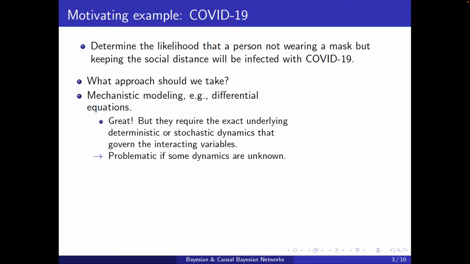Especially, for example, in the beginning of a disease spread, many of these aspects are unknown. Now, also, even if you know all of these aspects well enough to use differential equations, if you want to incorporate many variables, then you may end up with a complicated system of differential equations, the analysis of which can be quite complicated.